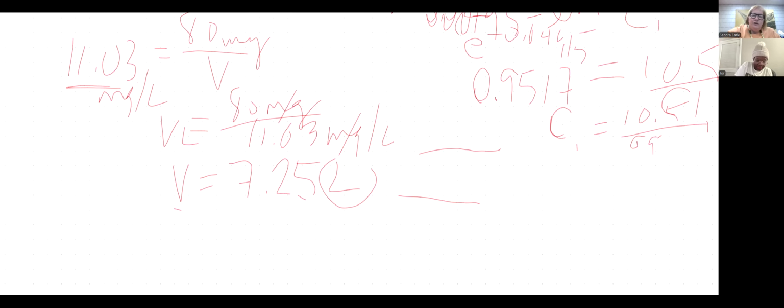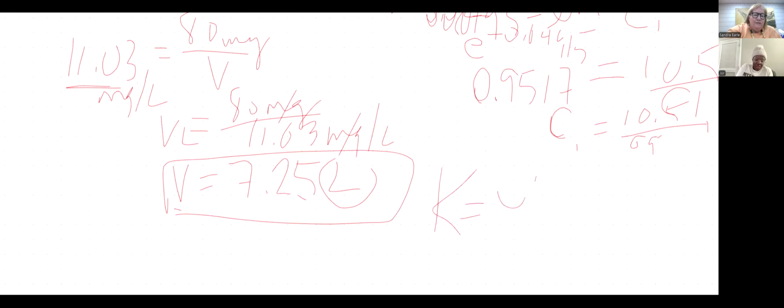So now that we know volume, remember we're doing all these steps to try to get renal clearance, right? So now we know that K is equal to clearance over volume.